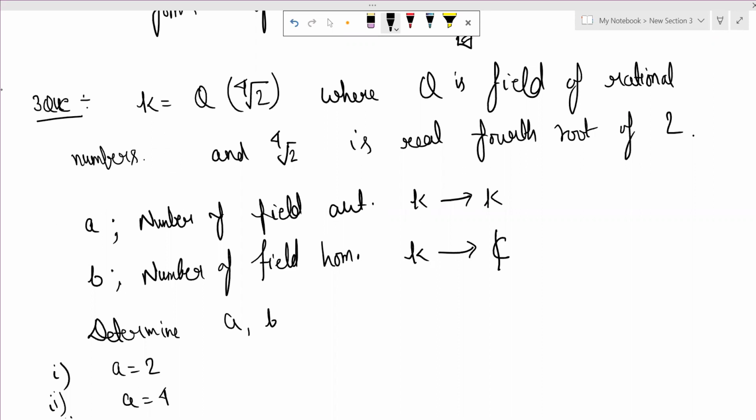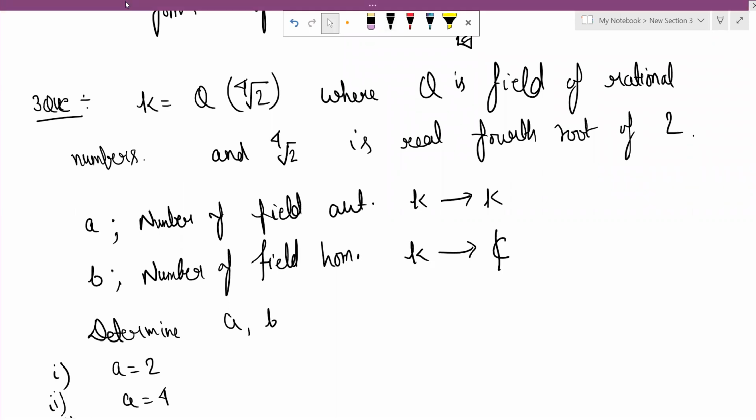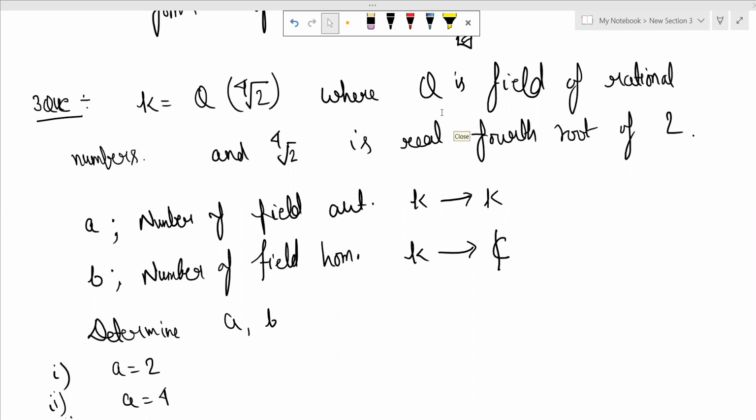A is the number of field automorphisms from K to K. What is an automorphism? An isomorphism from K to K. Ravi Shankar, what is the definition of field homomorphism?